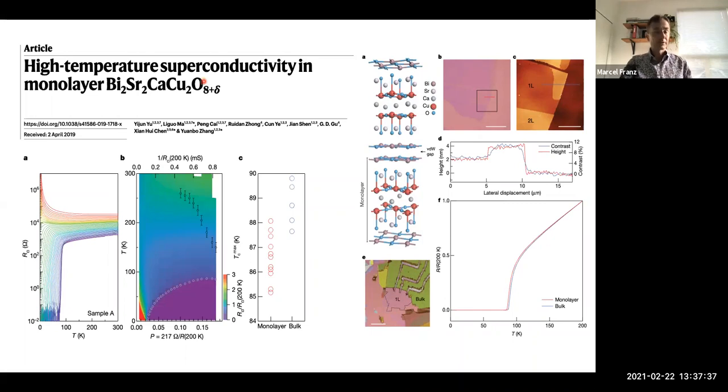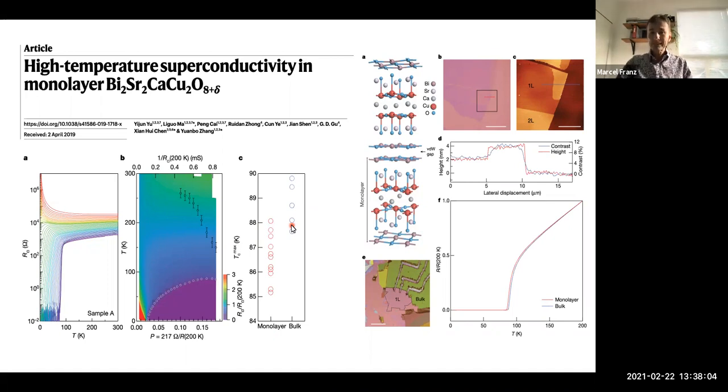But this group managed to make it work, and they showed that a single monolayer of this material superconducts at temperatures close to the bulk crystal temperatures. It's not quite 90 Kelvin as in the bulk crystal, but it's pretty close, within 2 Kelvin for a single monolayer at optimal doping.